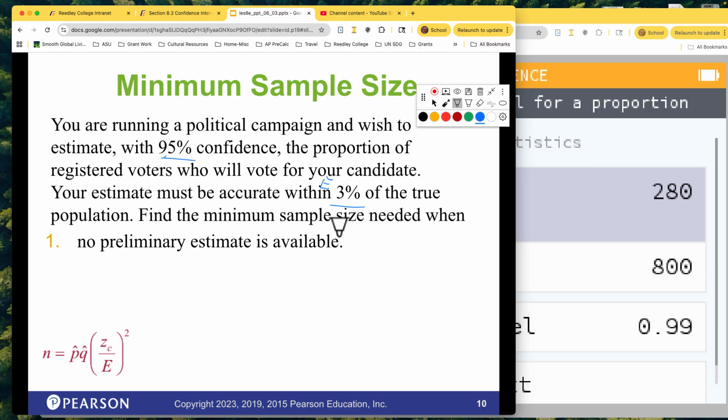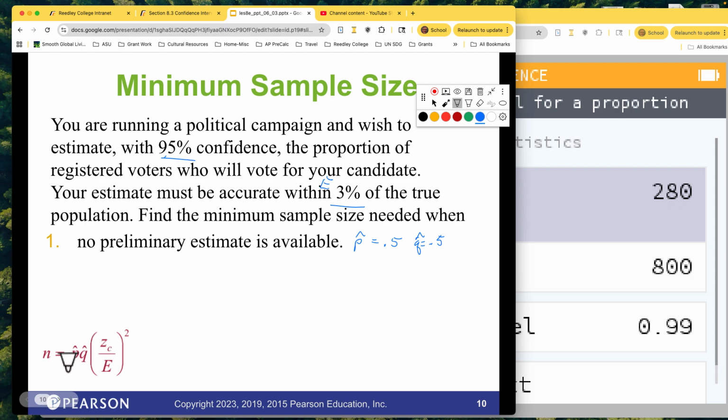Find the minimum sample size needed when no preliminary estimate is available. Okay. If it's not available, we use p hat at 0.5, which makes q hat be 0.5 as well. Okay. And then they'll give us some numbers, and then it'll come up different.